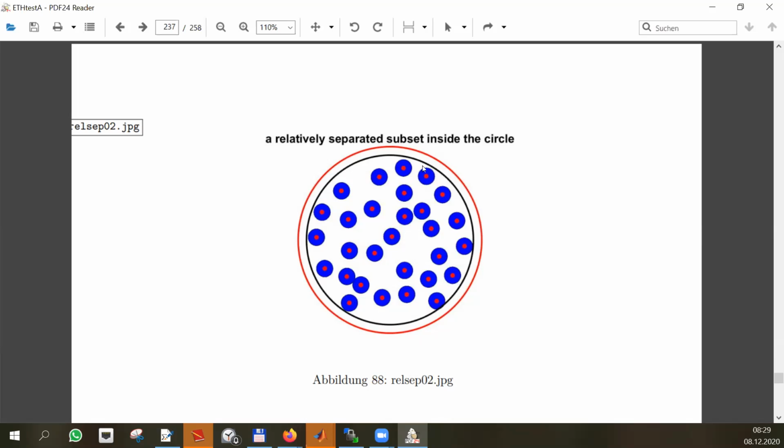Now I have marked 2 circles here. Maybe in this example it is not so clear. I would say all the red points should be inside of the black circle, but if a point would be a little bit more to the boundary, it clearly would be inside of the red circle. So just enlarging the radius a little bit allows you to say, I'm not counting the points inside the black circle, but I'm counting the blue disks inside the slightly larger radius.